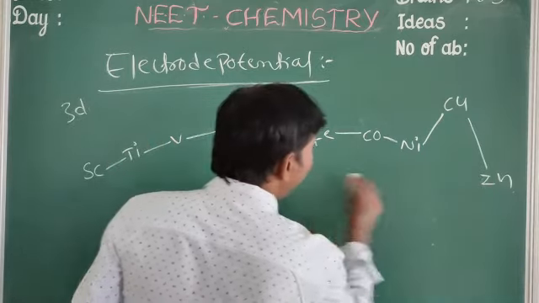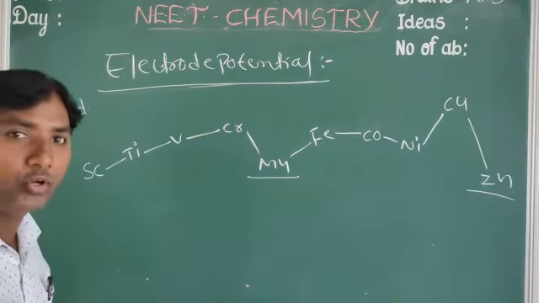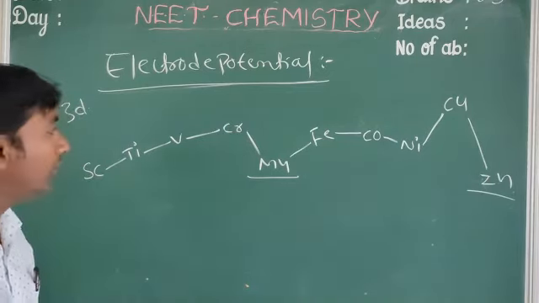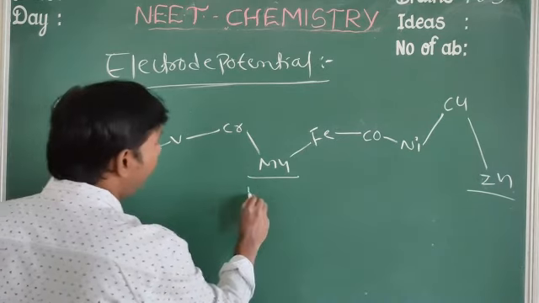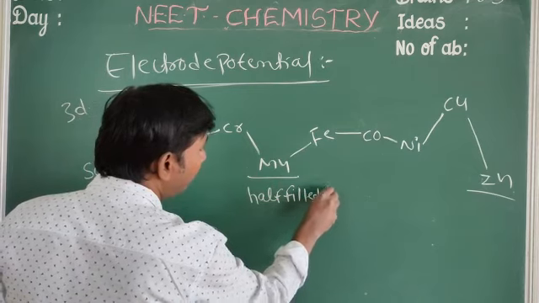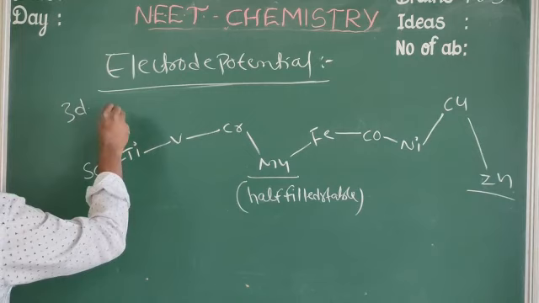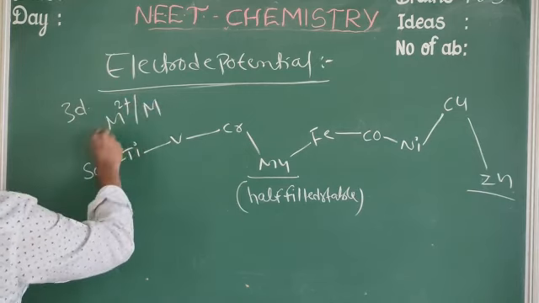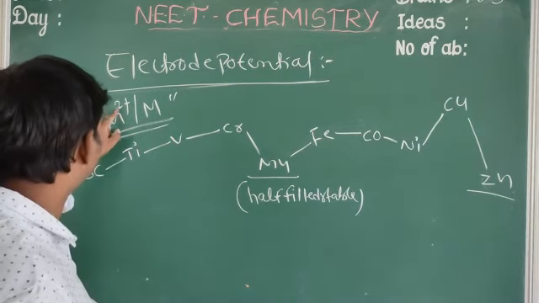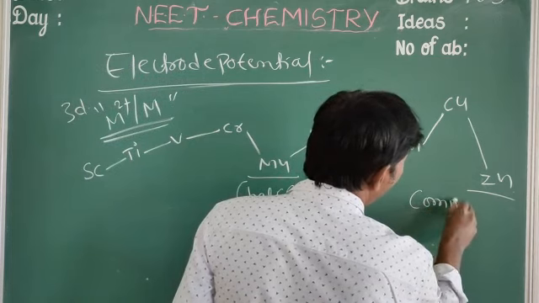Here, manganese and zinc values are very low compared to the observed trend. Why are manganese and zinc values less? Manganese has a half-filled stable configuration, for M2+ to M, and zinc is completely filled.